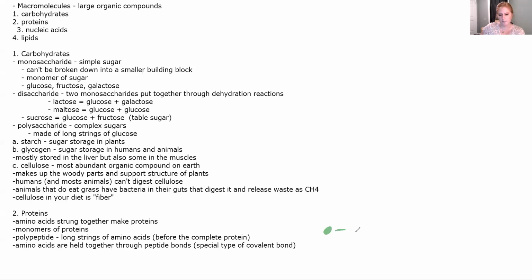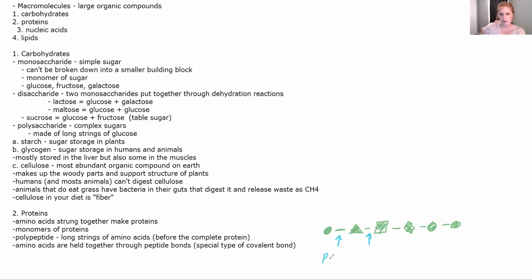So we've got 20 different types of amino acids. So I'm just going to draw them as shapes. Okay. So these right here, right?